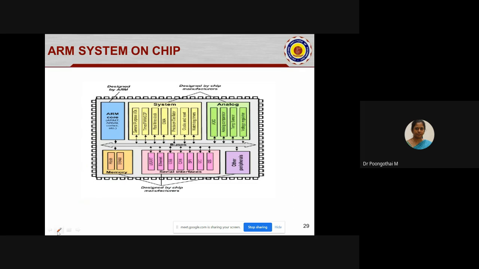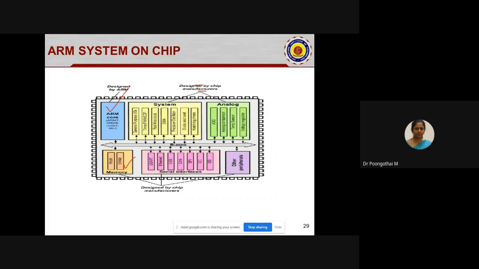Look at this diagram. This is the ARM core designed by ARM, and the remaining components, that is the memory, are designed by the chip manufacturer. Everything is integrated on a single IC, and this IC is called system on chip.